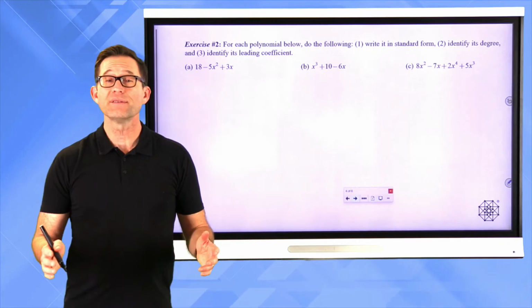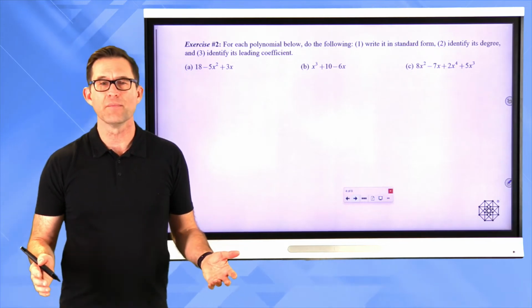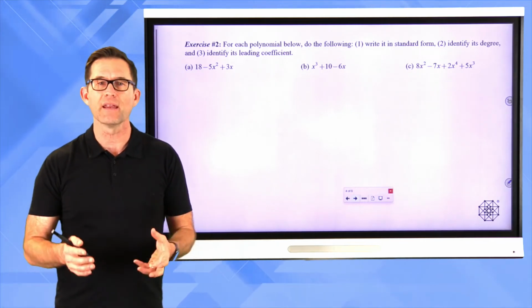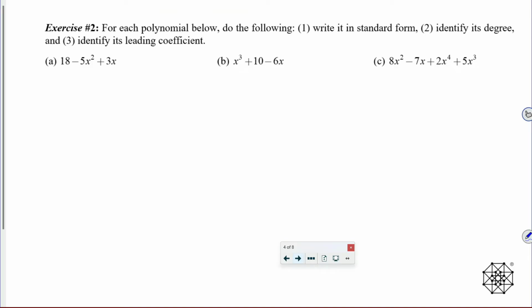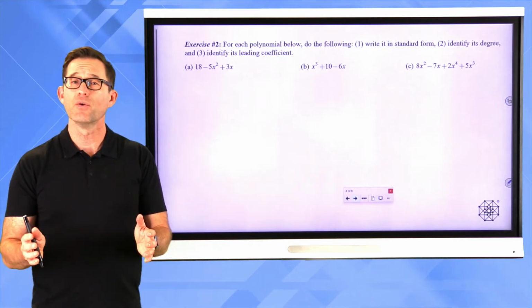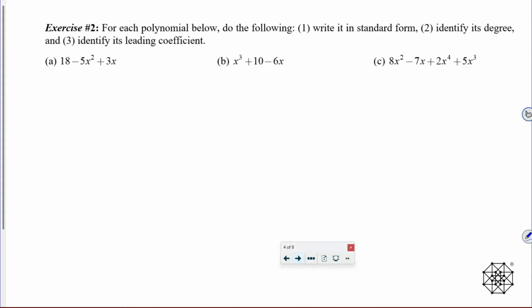All right, well, let's do letter A together. These are pretty easy manipulations, but it's again important to go with it. So what do we have for letter A? We've got 18 minus 5x squared plus 3x. So the first thing I want to do is write it in standard form. I'm going to look for the highest powered term, which is negative 5x squared. Then I'm going to go one down from that, plus 3x to the first, and then I have plus 18.